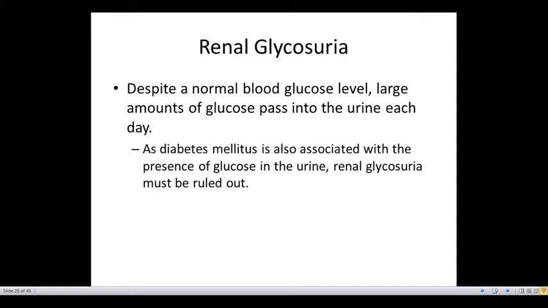Therefore, despite a normal blood glucose level, large amounts of glucose pass into the urine each day. So, as diabetes mellitus is also associated with the presence of glucose in the urine, renal glycosuria must be ruled out while investigating a patient with increased glucose in the urine.